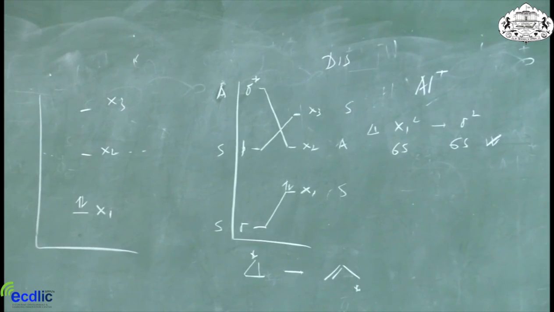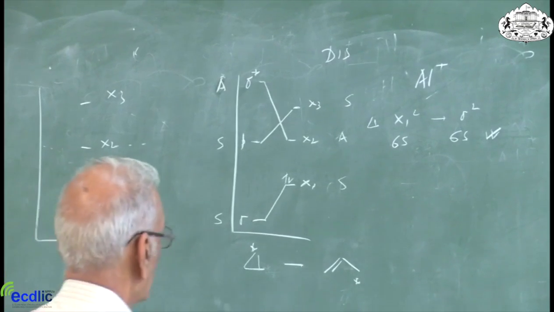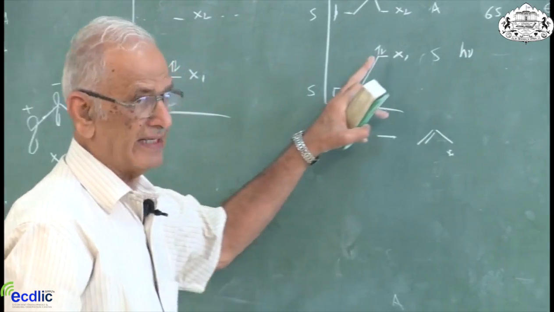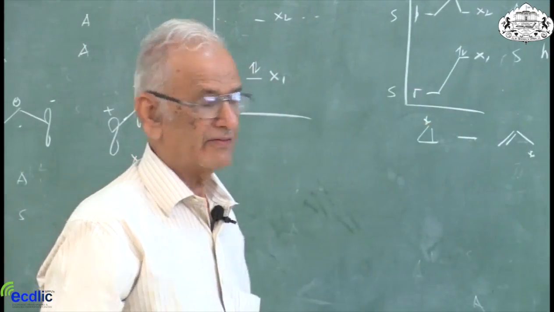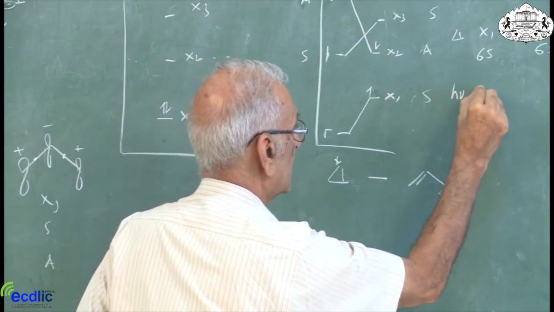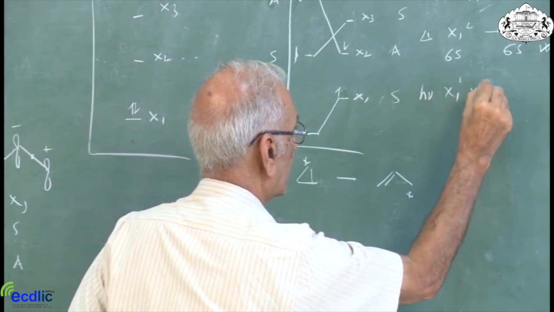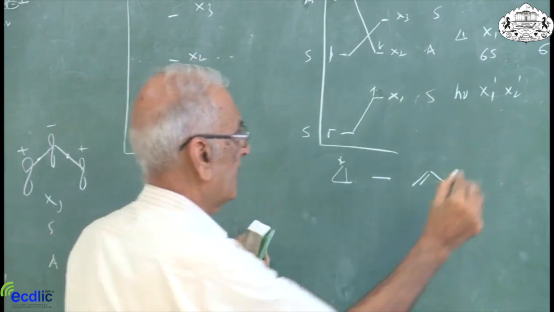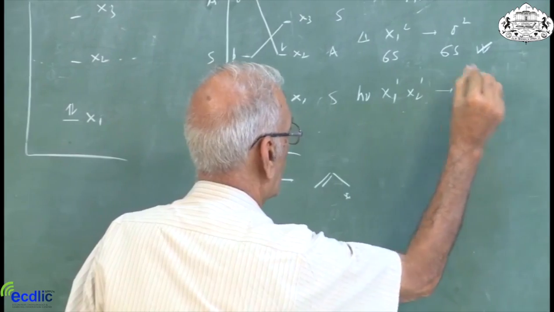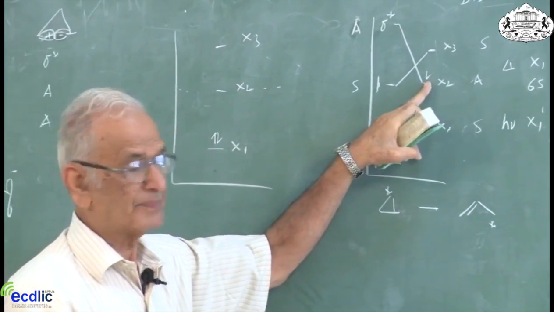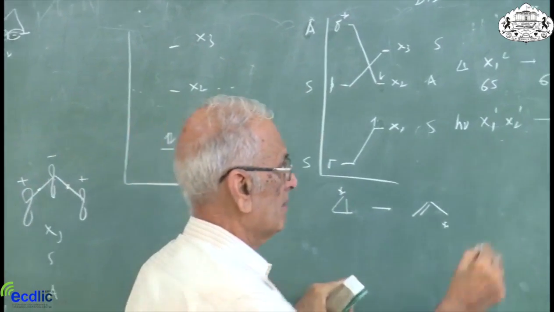When I go to photochemical, what will happen? 1 electron from X1 will go to X2. X1 1 electron, X2 1 electron. X1 1 electron will go into sigma, X2 1 electron will go into sigma star.